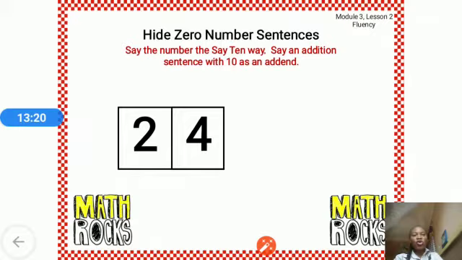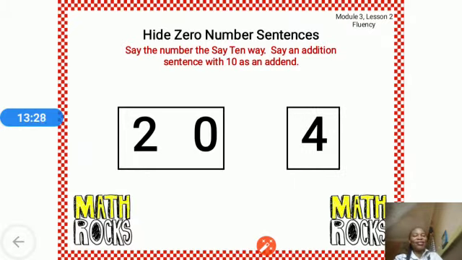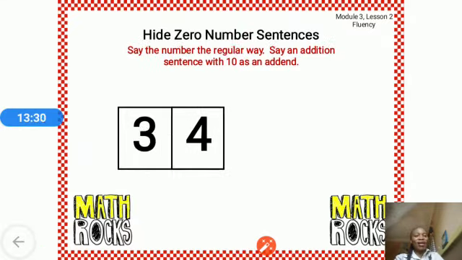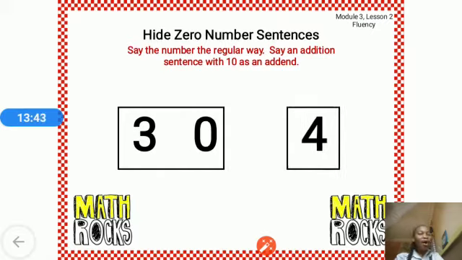24. How many tens will you have? 2. Good. This is 34. We have how many tens? 3 tens. Good. 3 tens, 4 ones, which is 34.